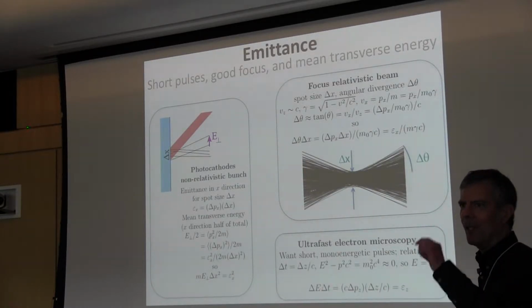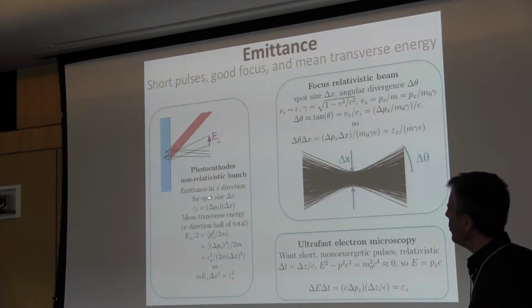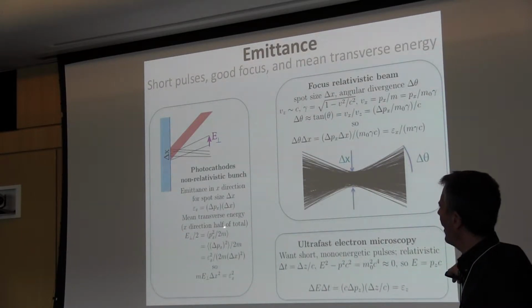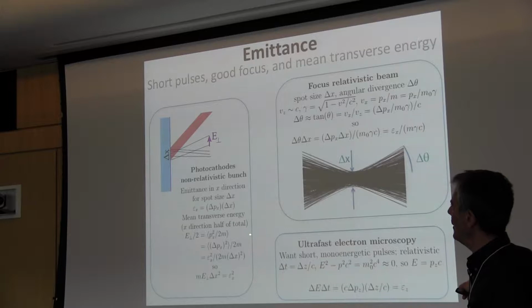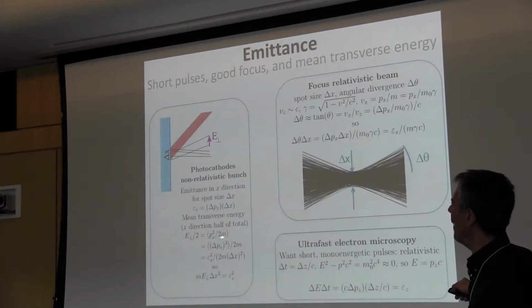So you want to focus the laser as much as possible. And then there's a range in momenta, let's say along the x direction. And the mean transverse energy is twice the energy in the x direction, which is px squared over 2m, which is the expectation value of px squared over 2m.